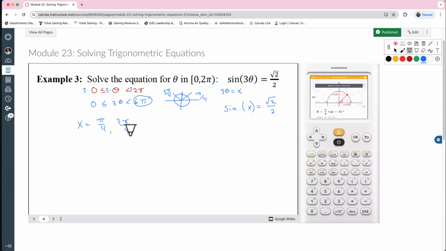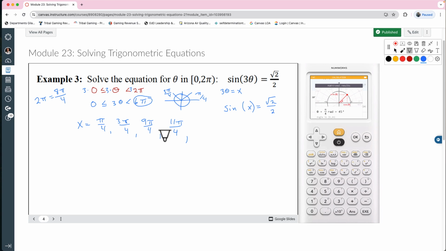So let's add 2 pi, and remember that 2 pi is the same thing as 8 pi over 4. What I'm doing is looking for a common denominator, right? 8 divided by 4 is 2. So we're going to add 8 pi over 4 to each of these. Because of the common denominator, just add the numerators. So 8 pi plus 1 pi will give us 9 pi over 4. 8 pi plus 3 pi is going to be 11 pi over 4.